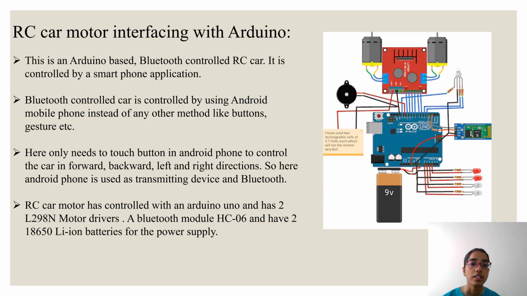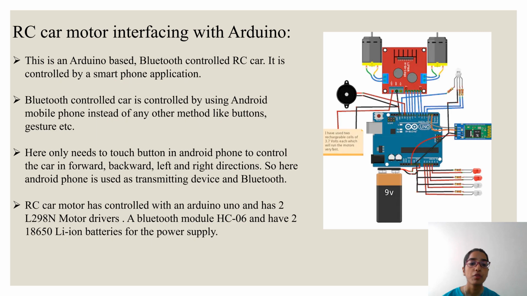And this is one of the real-time applications of Arduino microcontroller, that is RC car motor interfacing with Arduino. This is an Arduino-based Bluetooth-controlled RC car. It is controlled by a smartphone application. Bluetooth-controlled car is controlled by using an Android mobile phone instead of any other method like buttons, gesture, etc. The user only needs to touch a button in the Android phone to control the car in forward, backward, left and right directions.